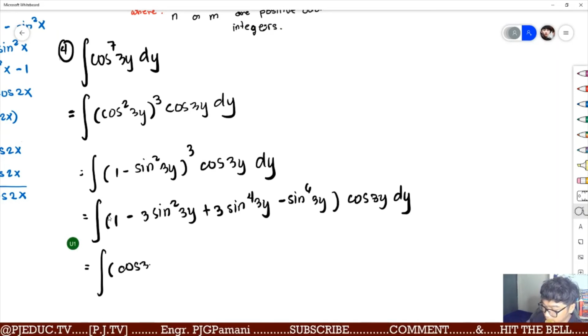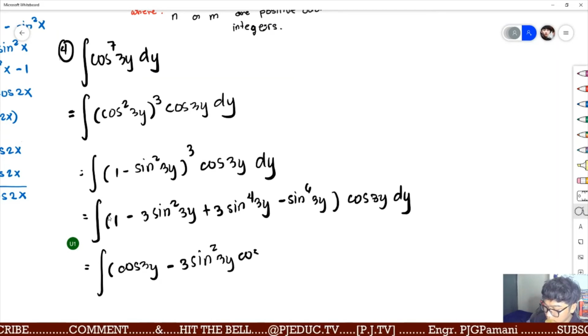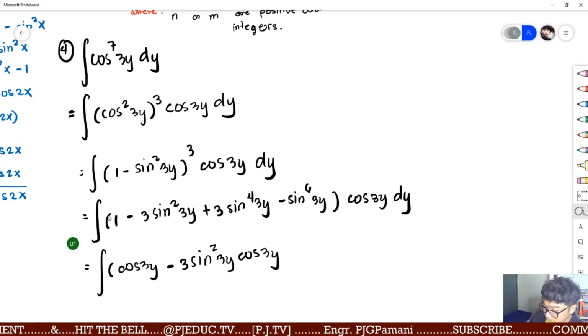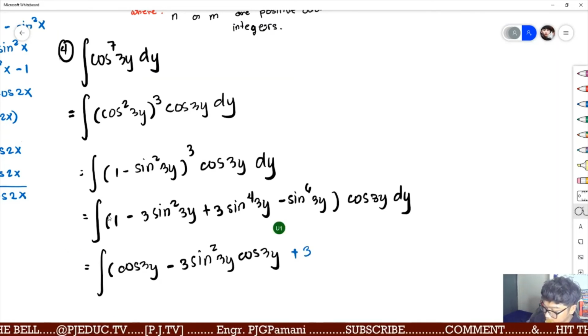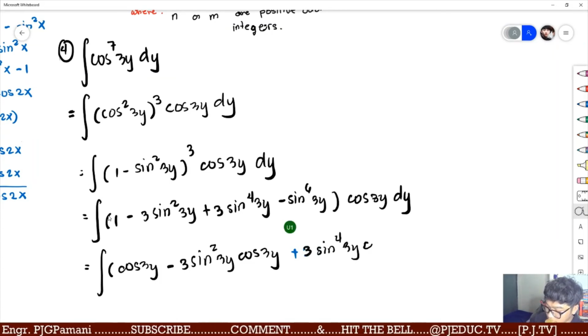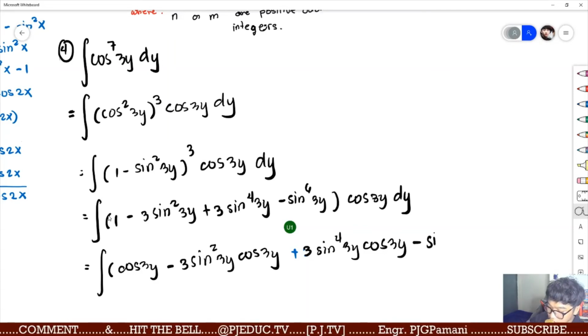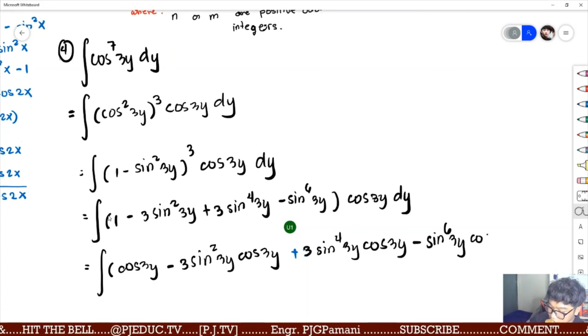Cosine 3y minus 3 sine squared 3y of cosine 3y plus 3 sine raised to the 4th 3y of cosine 3y minus sine raised to the 6th 3y times cosine 3y dy.